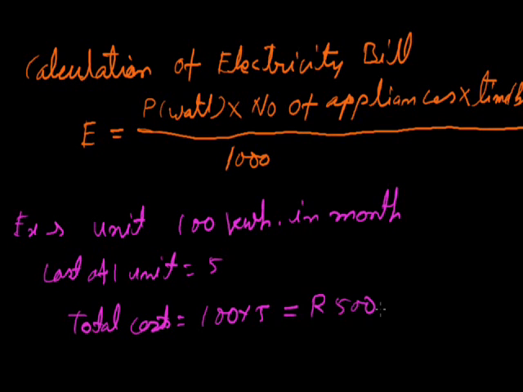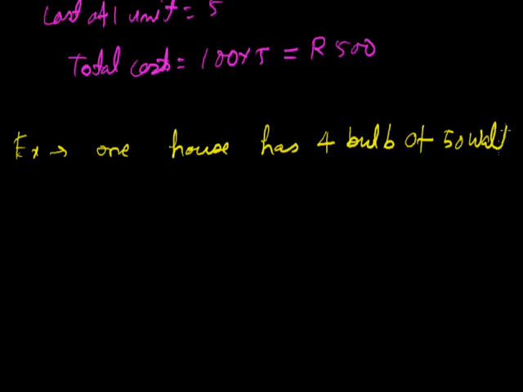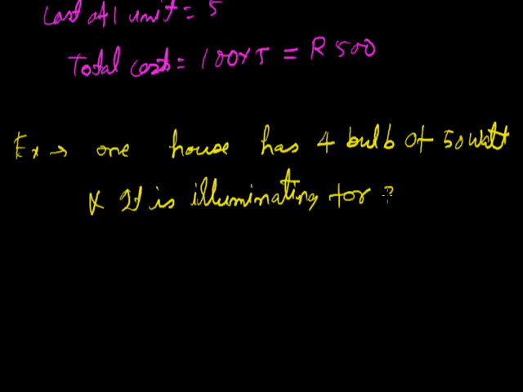Similarly, one more example we can cover. Suppose a house has 4 bulbs of 50 watt, illuminating for 2 hours.